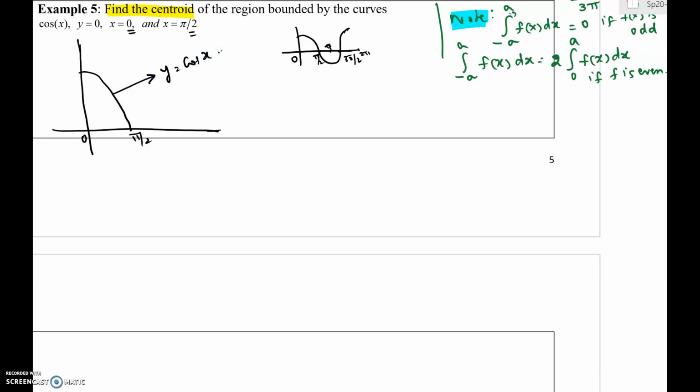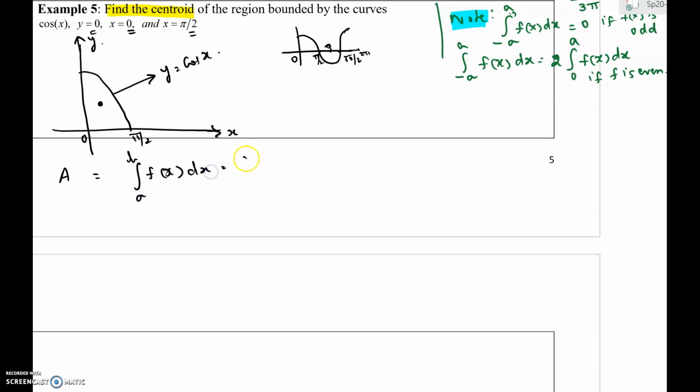Then it's bounded by y equal to 0, which is the x-axis, and then x equal to 0, which is the y-axis, and x equal to pi by 2. We are going to find out the center of mass, which is x bar and y bar. So let's first find A, which is the area of the thin lamina, which is equal to integral a to b f of x dx.